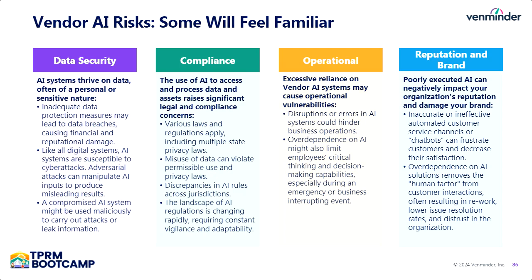All right, so when it comes to the third-party risks associated with AI, some of them are going to feel familiar. We have data security or cybersecurity risk because AI systems need a lot of data to work. And it's also important to remember that they are, just like any other digital system, susceptible to attack.